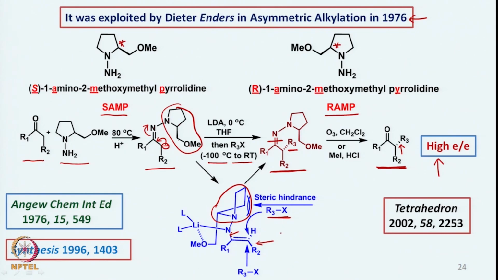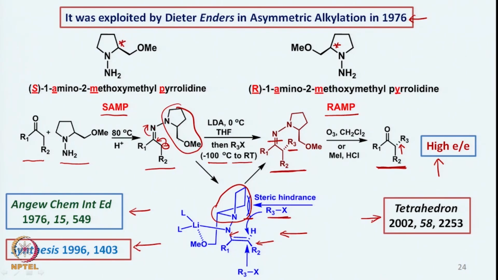As you can see from this particular transition state, the top approach of the R3X is prohibited because of the steric hindrance caused by this large group which is present here, and therefore the R3X attaches from the lower side leading to the formation of the carbon-R3 bond in an alpha orientation, and this is how the reaction occurs. There are 3 references which I have mentioned which you can go through if you need to go into details of this particular reaction.